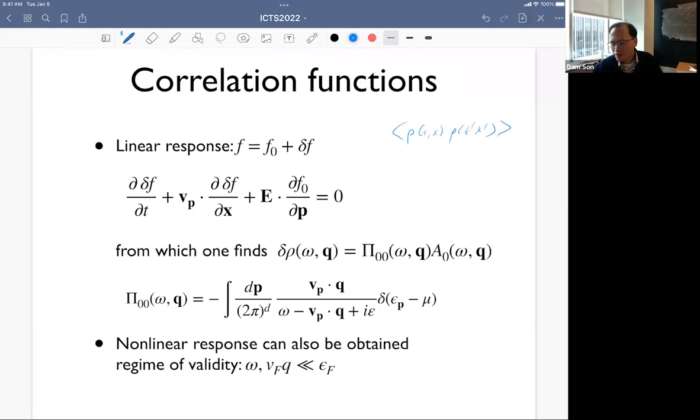The way to do that through the Liouville equation is to look at the linear response of our system to a probe coupled to the density. A probe coupled to the density is the scalar potential that gives rise to the electric field E. E here is just the gradient of the scalar potential, A0.